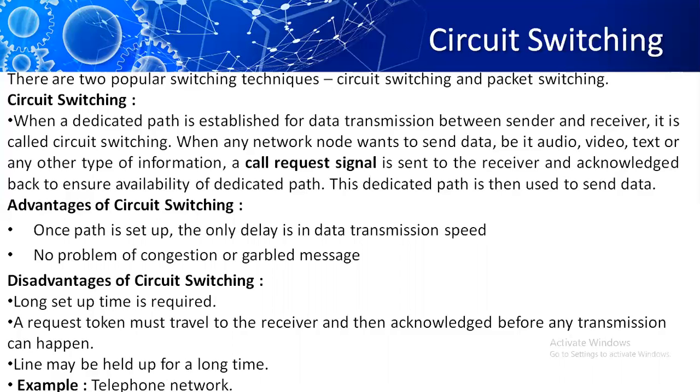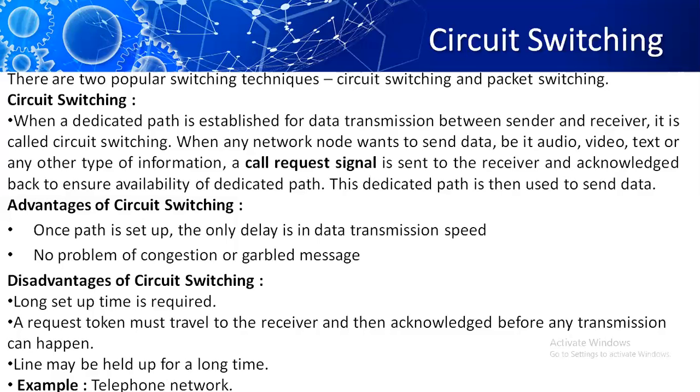To transfer that data, first we have to send a call request signal to the receiver and get an acknowledgement back to ensure the availability of the dedicated path. This dedicated path is then used to send the data.